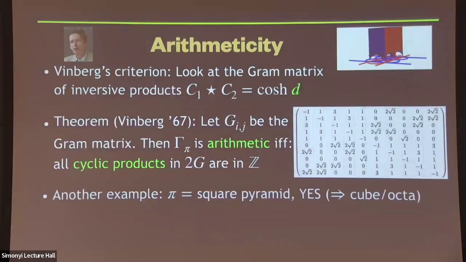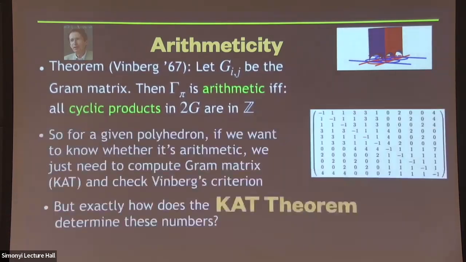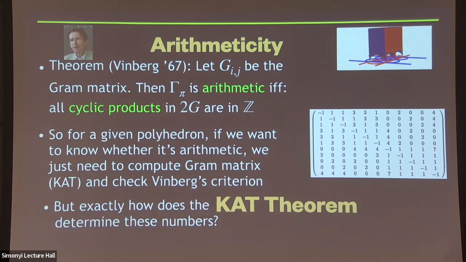In other situations, the mysterious numbers that arise from Koebe-Andreev-Thurston happen to be things like 2 root 2, and when you apply this criterion about cyclic products through the Gram matrix, you still get integers. But in other situations, you don't. Let me show you one more situation.